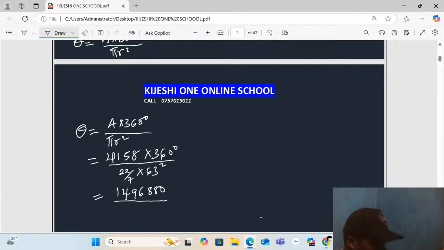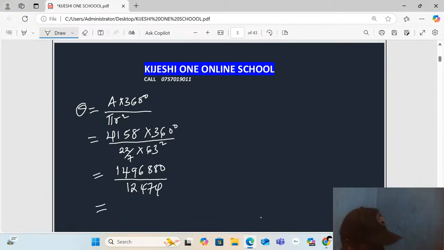So you get 12,474. Now when you divide 1,496,880 by 12,474, you're going to get 120 degrees. Now that is your answer, or your theta.